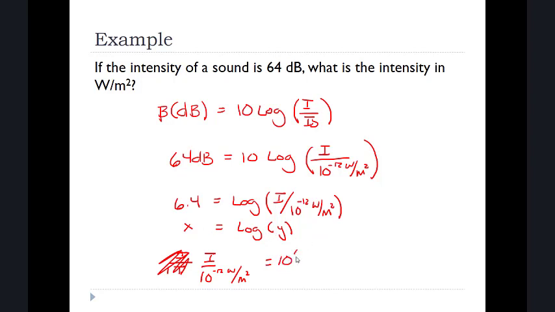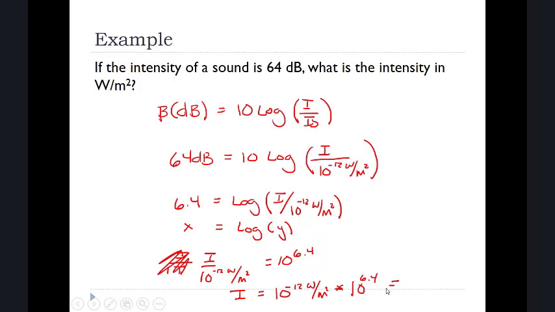So I over 10 to the minus 12 watts per meter squared equals 10 to the 6.4. In which case, I equals 10 to the minus 12 watts per meter squared times 10 to the 6.4.